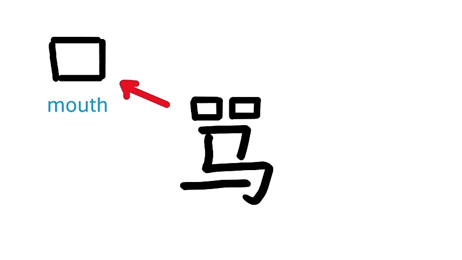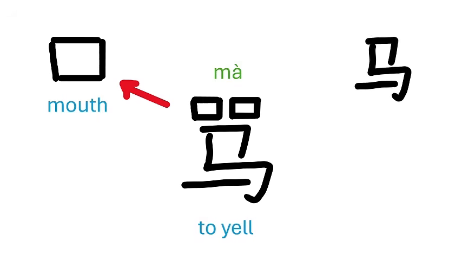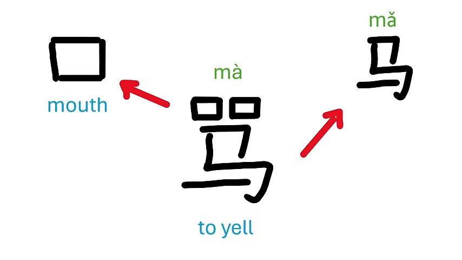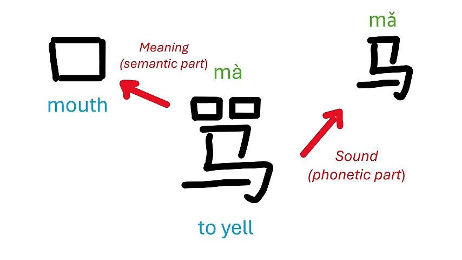It means to yell or to swear. 2 mouths make loud sounds. It is read as ma, same base sound but different tone as ma. So the top part is semantic part which makes meanings, and the bottom is the phonetic part which provides the sound.